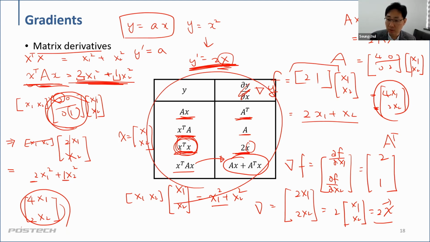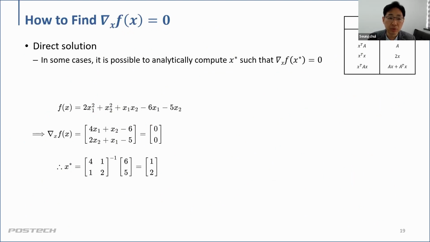If you need it for the homework assignment or exams, I'm probably going to give you the table, so don't worry about it. But I hope you understand the theory of what's going on here. And let's revisit this case again.